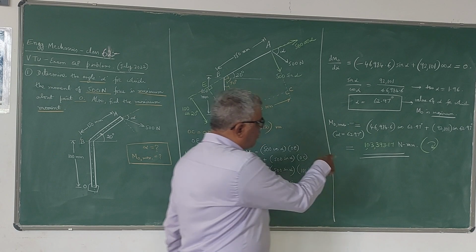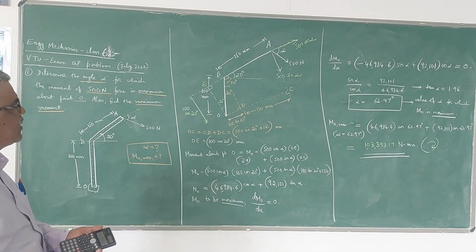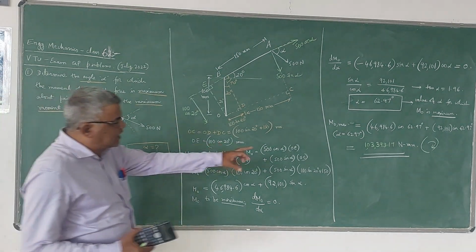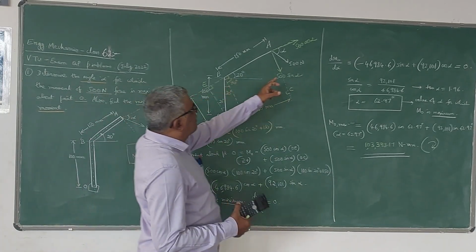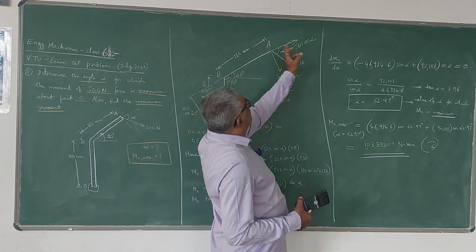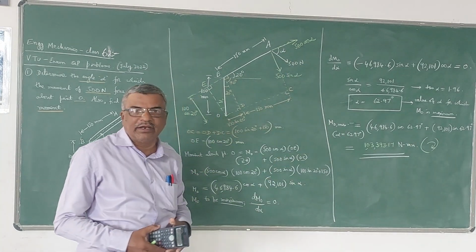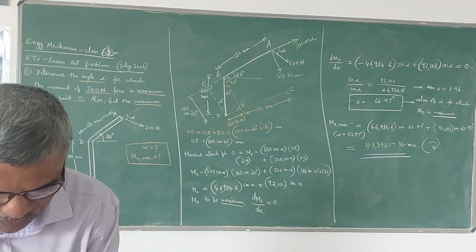So this is the value of the maximum moment at the point O. The maximum moment due to this centrifugal force at O will be this, and it occurs when alpha, the angle made by this 500 Newton force with this axis BA, is 62.97 degree. Now another problem we will solve from the same question paper.